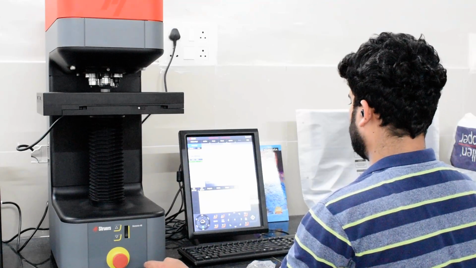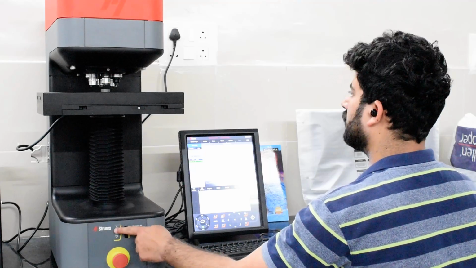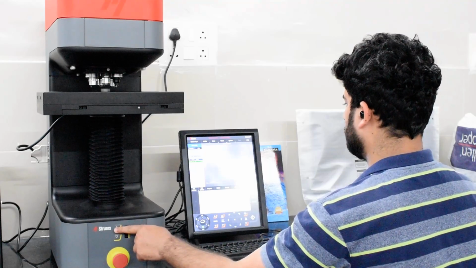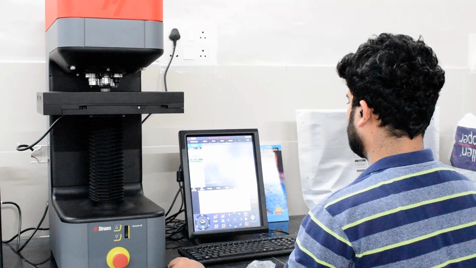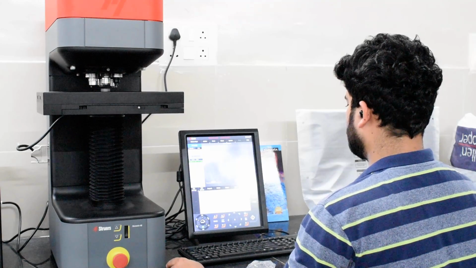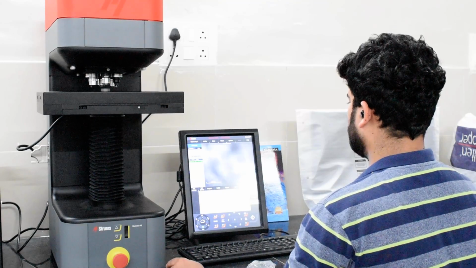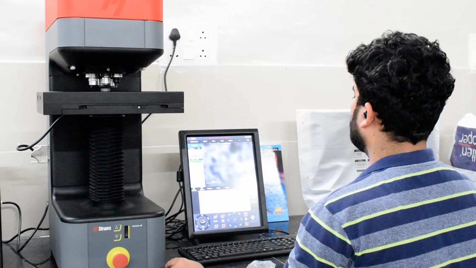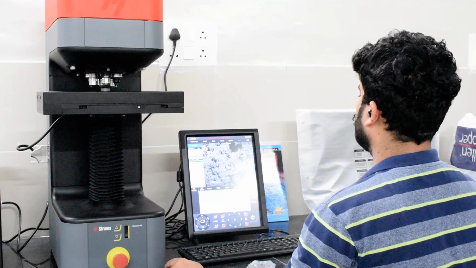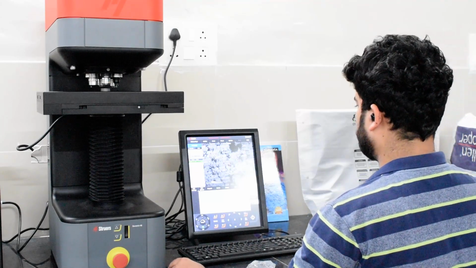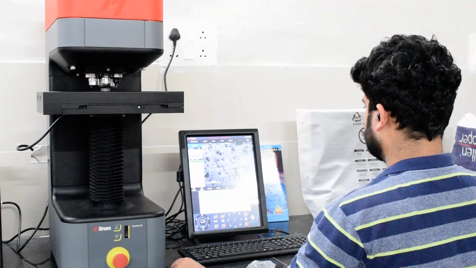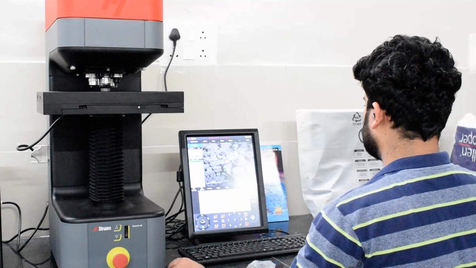It is getting focus. Okay, now we are getting material focus. Okay, so by moving the cursor we can select the location.